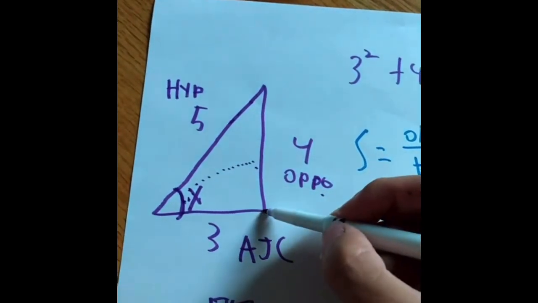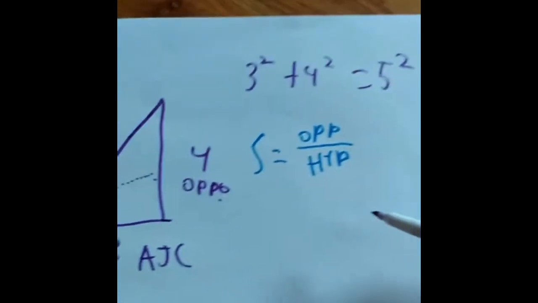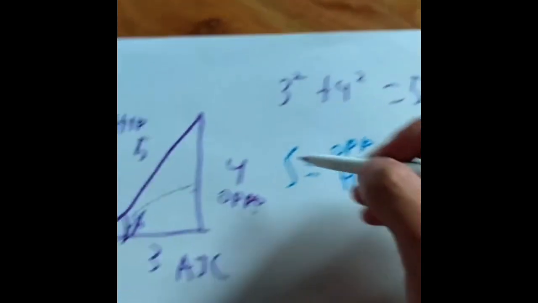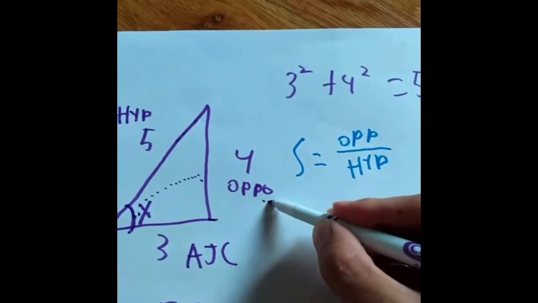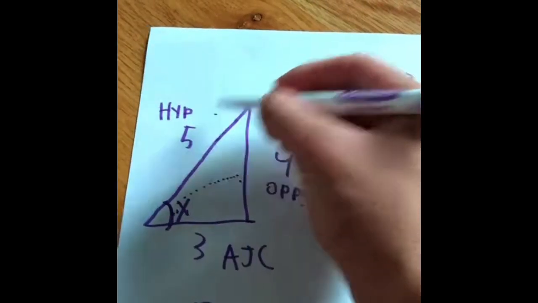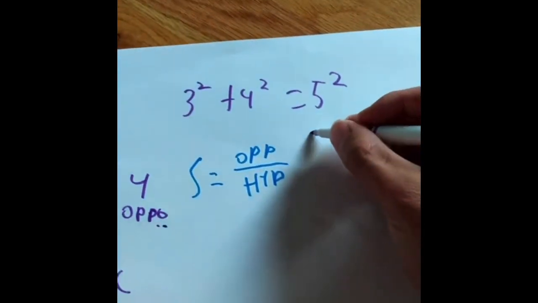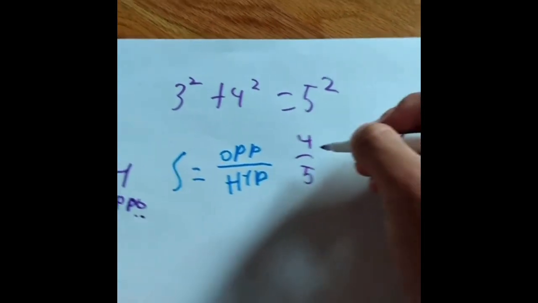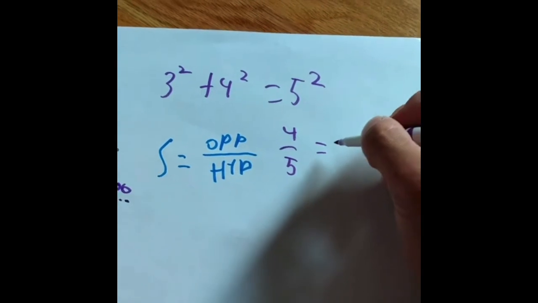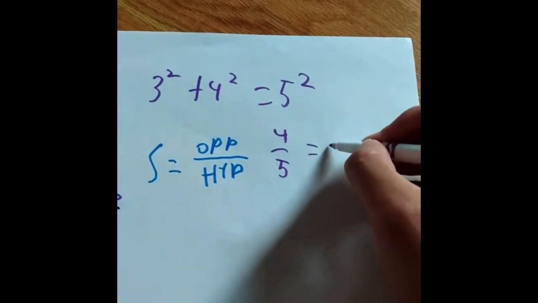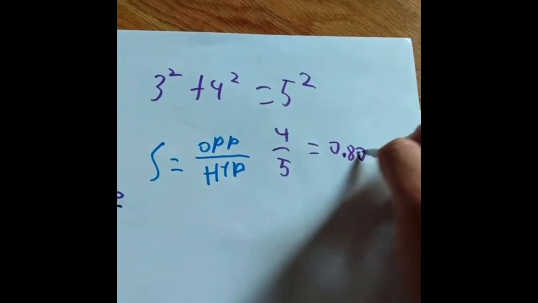So the bottom length is called the adjacent. With sine, it's the opposite divided by the hypotenuse. So it's 4 divided by 5, and if you want that as a decimal, you get an answer of 0.80.